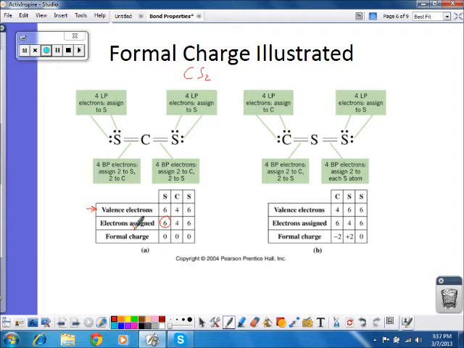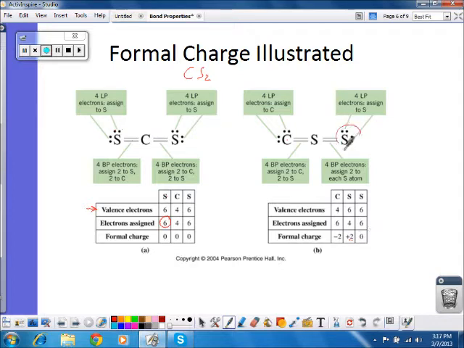When we come over to this other structure, you'll notice that carbon gets a -2, and then these 2 sulfurs are different. The middle sulfur has a carbon bonded to it and a sulfur bonded to it, which is different than this other sulfur, which is only bonded to another sulfur atom. That's where the 2 different formal charges for the 2 different sulfurs come from.